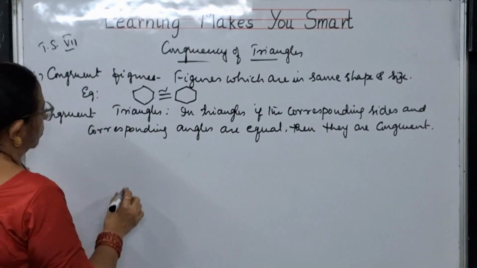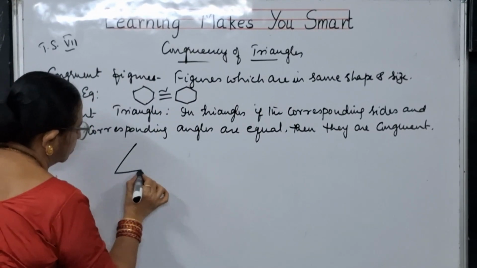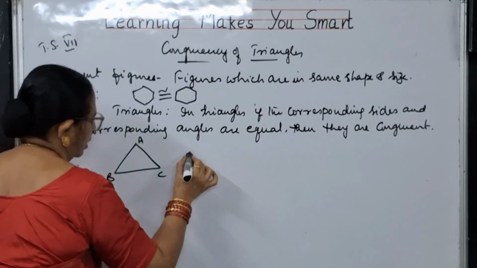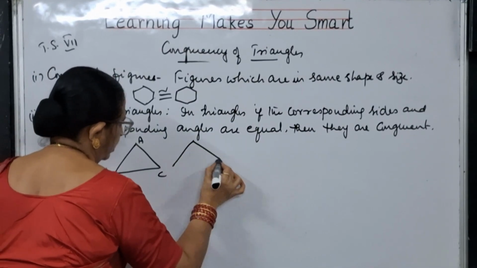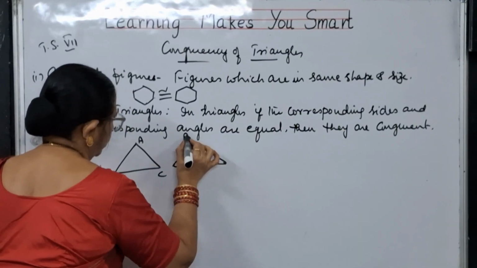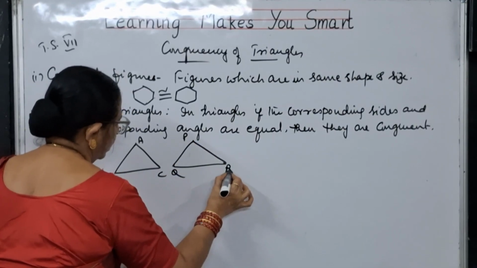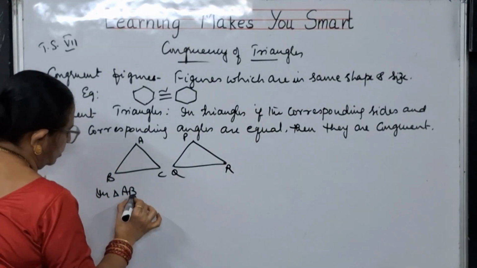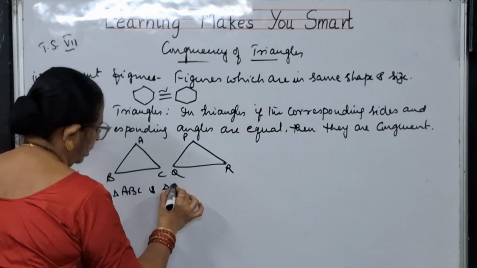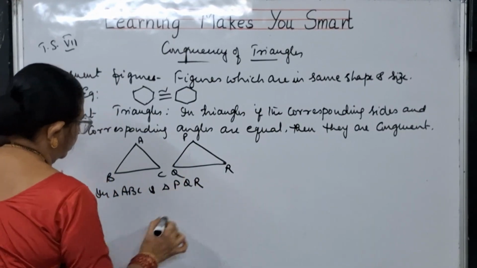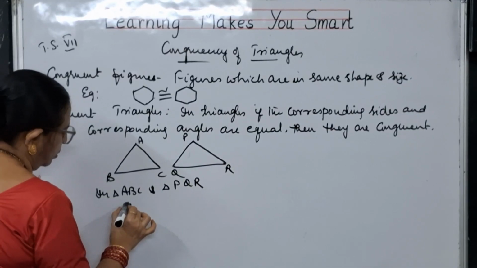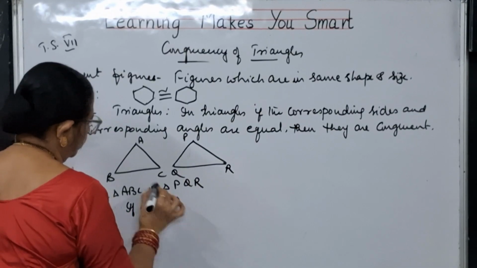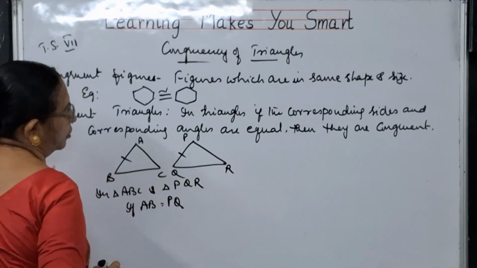Now when you are talking about triangles, suppose I am talking about ABC as one triangle and PQR is another triangle. In triangle ABC and triangle PQR, if AB is equal to PQ, these two are corresponding sides.